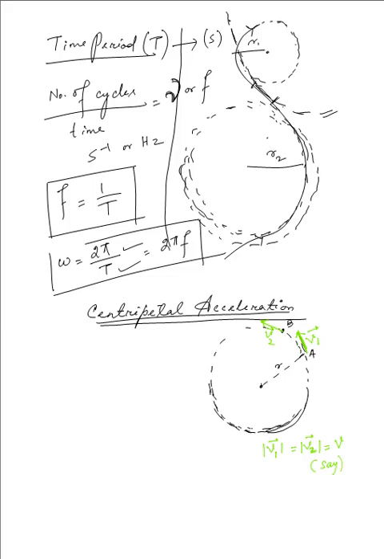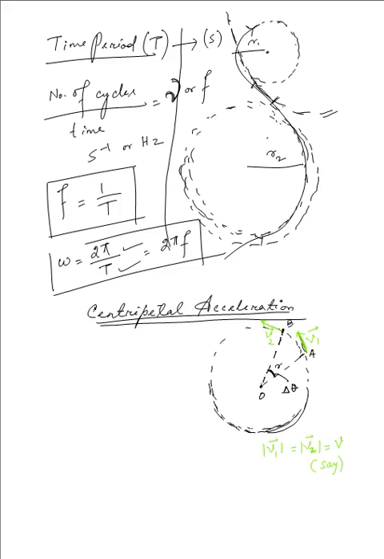Now with the velocities available to us, we consider another figure. We just draw the position vector with respect to the center as it reaches the point B, and in the process suppose it has swept through an angle del theta.